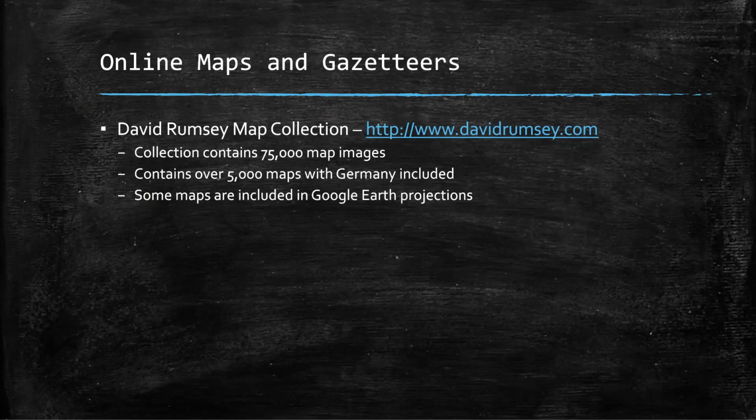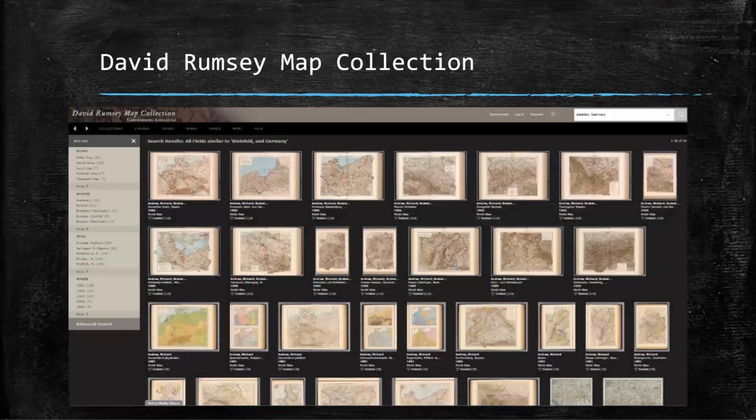This is really great because you can put in the location you're looking for, and it gives you all of the maps that have that location listed on it. Then you can pick the time frame of the map you're looking for, the style of the map, and then zoom into those pages and get more information.